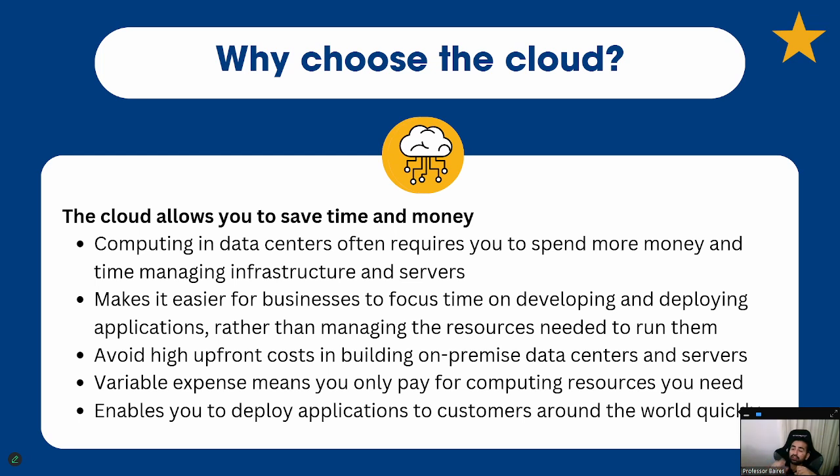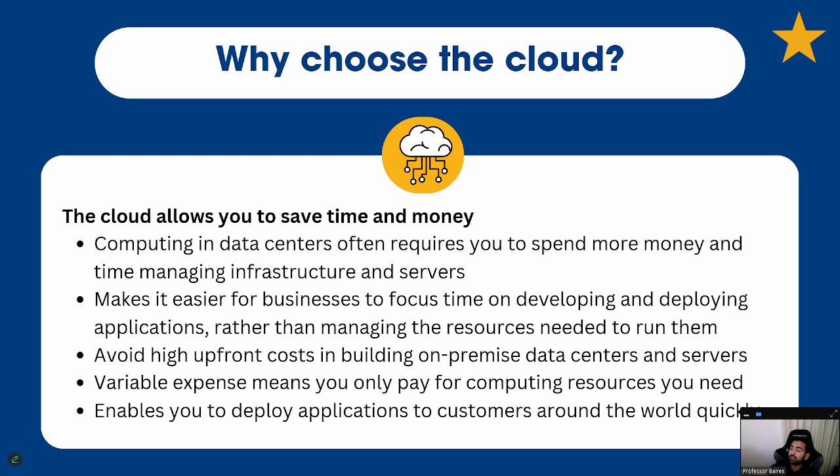If you're trying to deliver data from here to, let's say, China, it's definitely not going to be as quick as delivering it to a data center in California. Like I said, there's real infrastructure, real cables connecting the internet together. So distance does matter. So that's kind of the last point: it enables you to deploy applications to customers around the world very quickly.